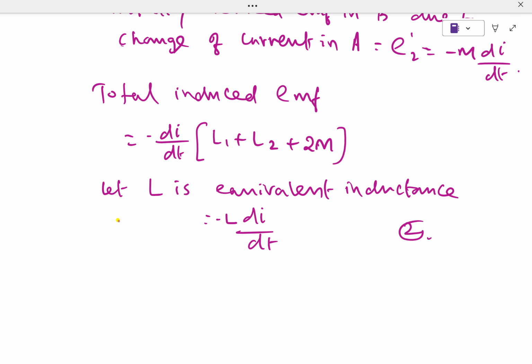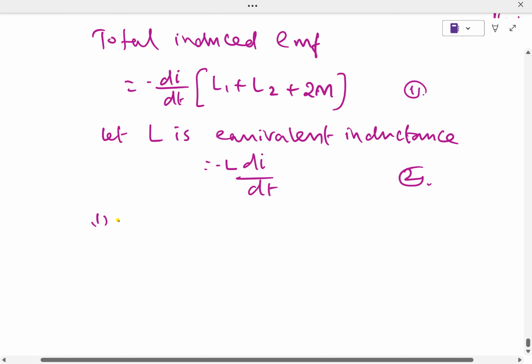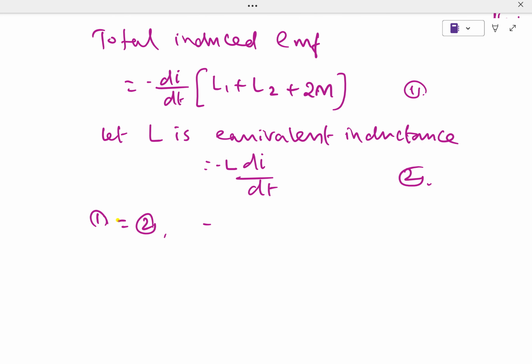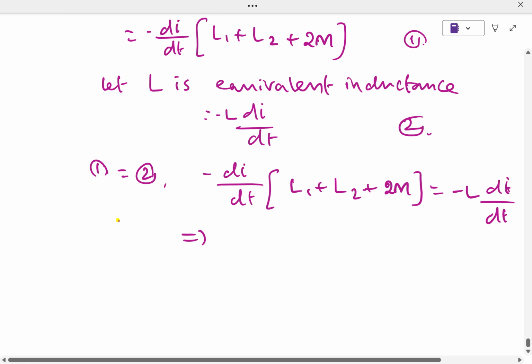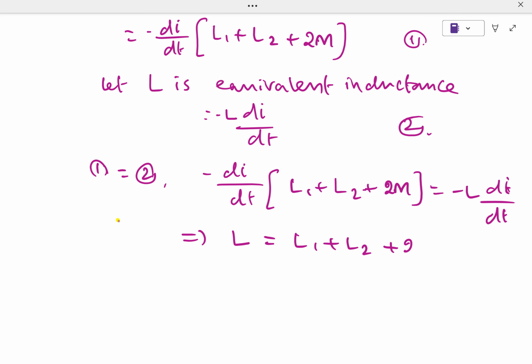Let this be equation 2, and the previous equation 1. Equating 1 and 2, we can say minus di by dt of L1 plus L2 plus 2M equal to minus L di by dt. Therefore, di by dt cancels on both sides, which gives inductance L equal to L1 plus L2 plus 2M.